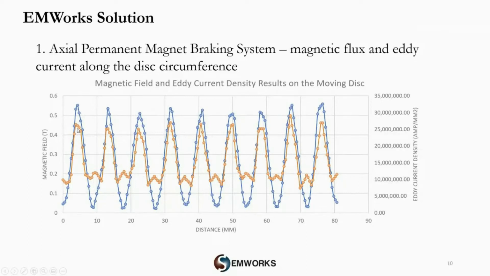Why is it periodic? Because these peaks are right underneath the magnets. So of course, the magnetic flux density and the eddy current density, so to speak, are higher underneath the magnet.